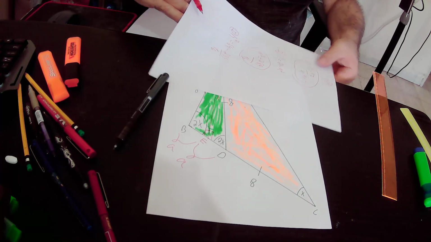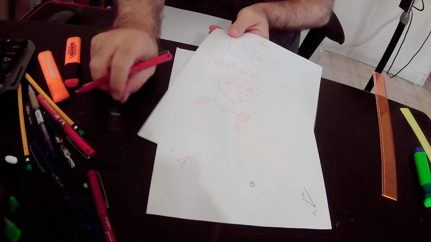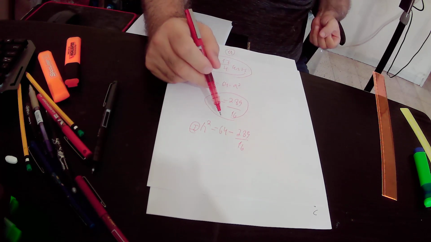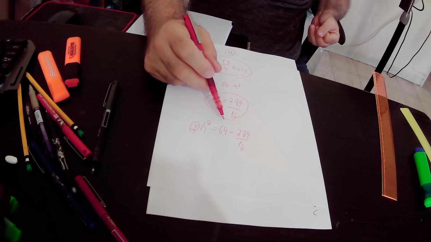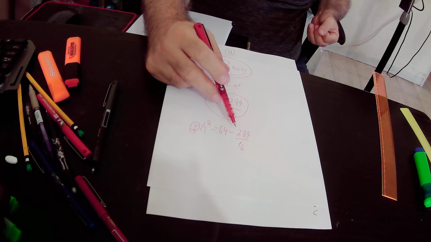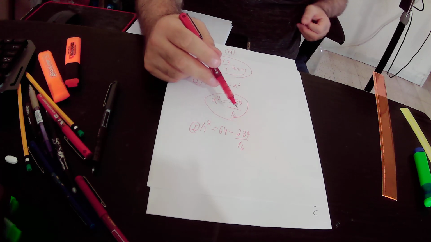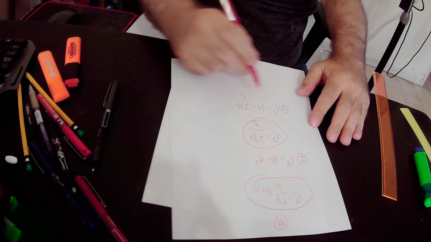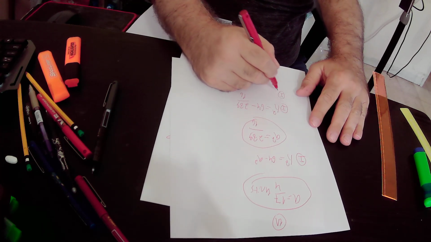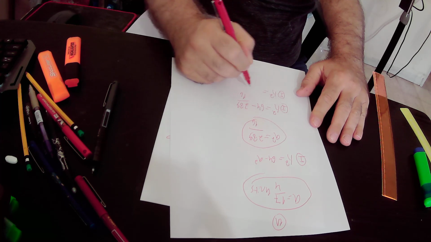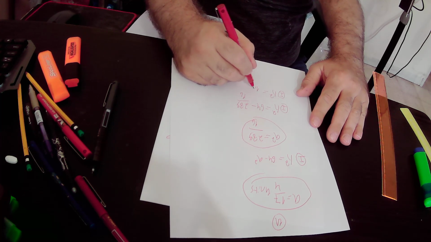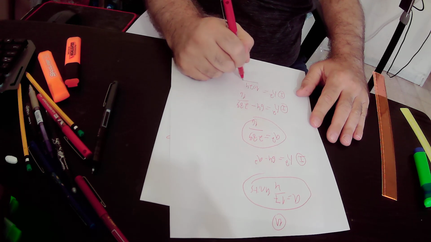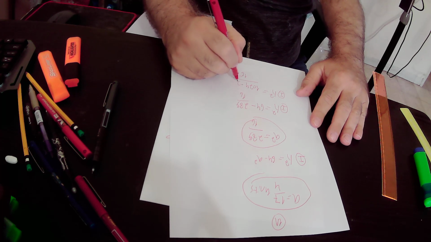So here we will multiply 64 by 16 and then divide it by 16 in order to have a common factor with this number. Okay, so h squared equals 64 times 16, which is 1024, over 16, minus 289.